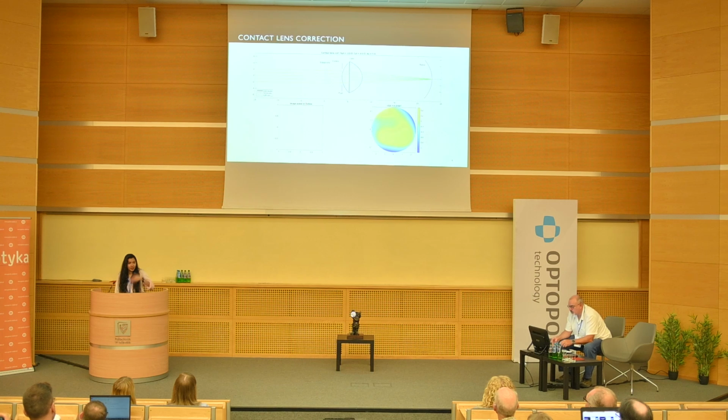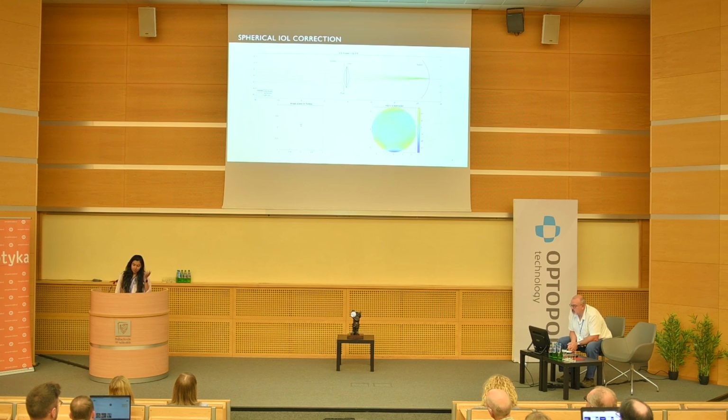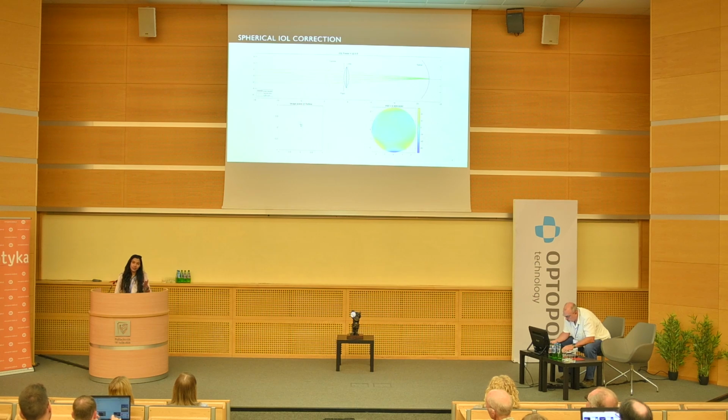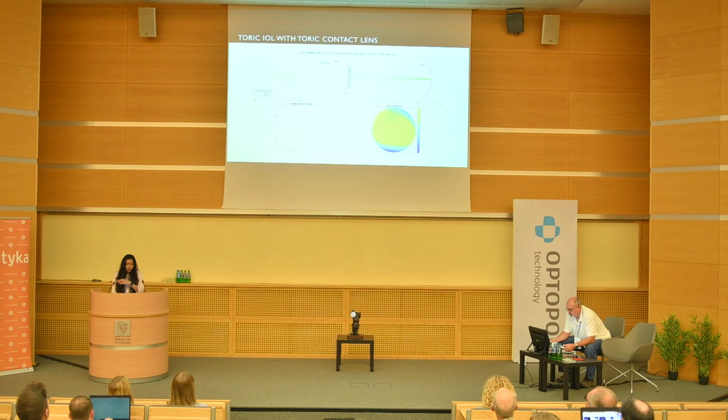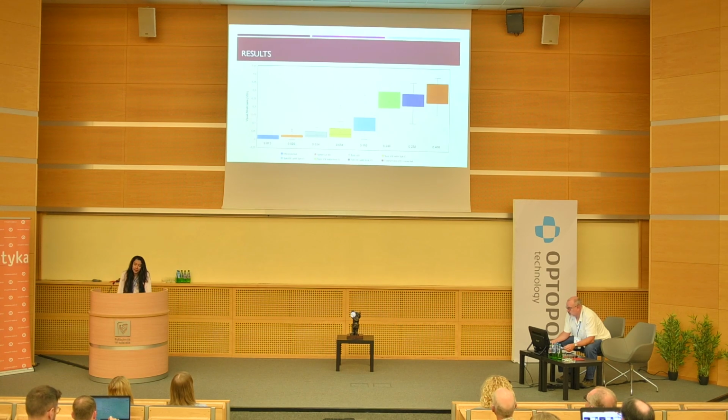And then the eye is corrected using a contact lens correction, and then afterwards the lens is removed and an IOL is placed, then a spherical IOL correction, and then the spherical IOL will be further corrected by a spherical contact lens, then a spherical IOL correction plus toric contact lens. The same would be repeated for toric IOL as well, toric IOL plus spherical contact lens, toric IOL plus toric contact lens. This is how it's done for 20 keratoconic eyes, and this is what the results look like.